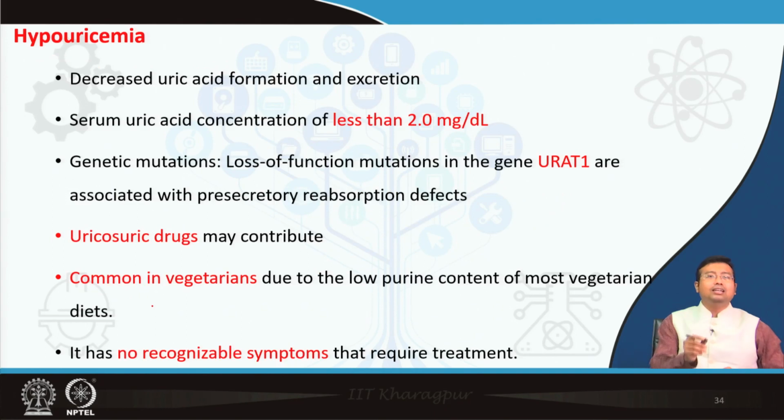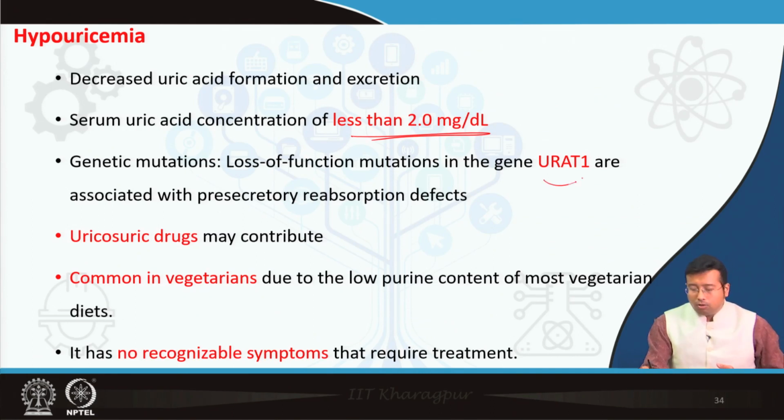And lastly, we cannot call it a disease, it is a condition known as hypouricemia, where there is less than 2 mg per dl of uric acid in blood. What is the problem? Again for MCQ, the URAT1 gene is defective, which leads to a reabsorption defect.